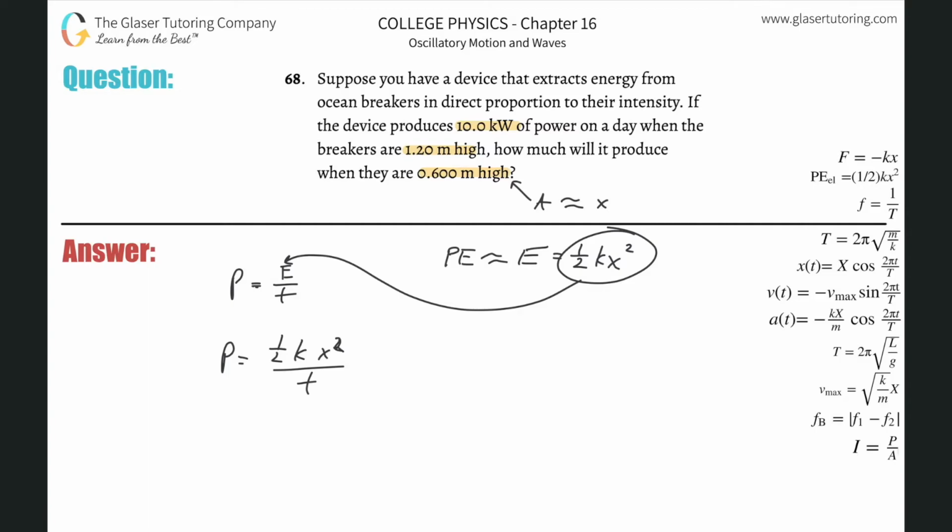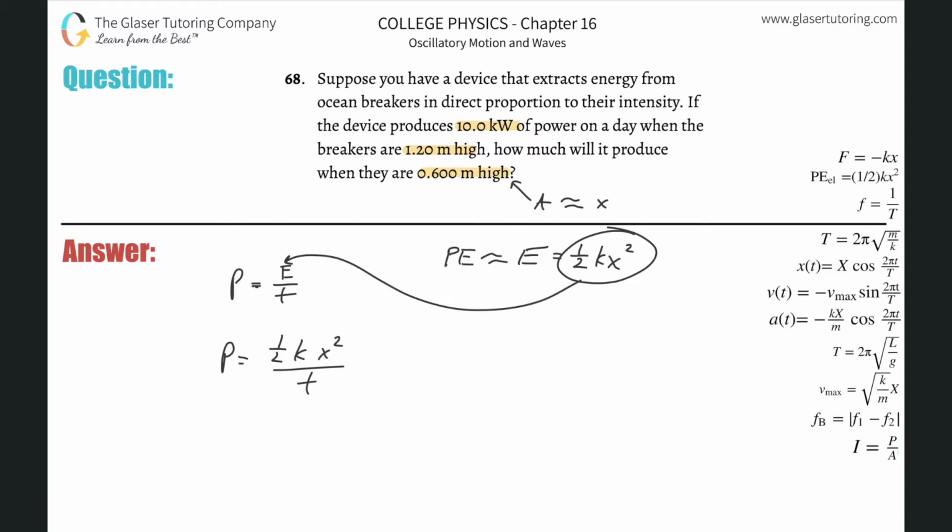The only thing that's changing between these two scenarios is the height of the wave and therefore the power. So I can find a simple fraction relationship between the two.